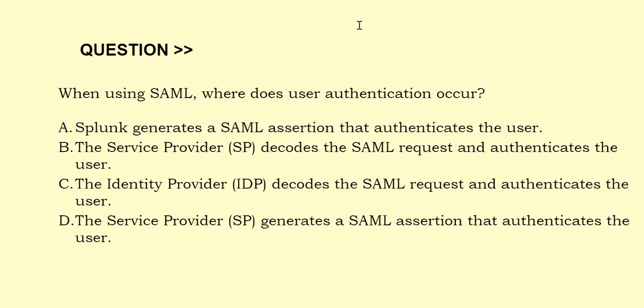When using SAML, where does user authentication occur? Option A, Splunk generates a SAML assertion that authenticates the user. Option B, the service provider, SP, decodes the SAML request and authenticates the user. Option C, the identity provider, IDP, decodes the SAML request and authenticates the user.